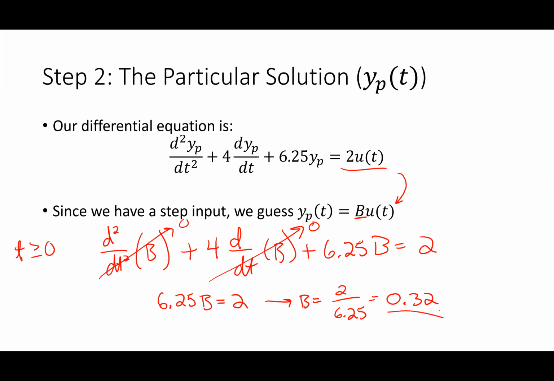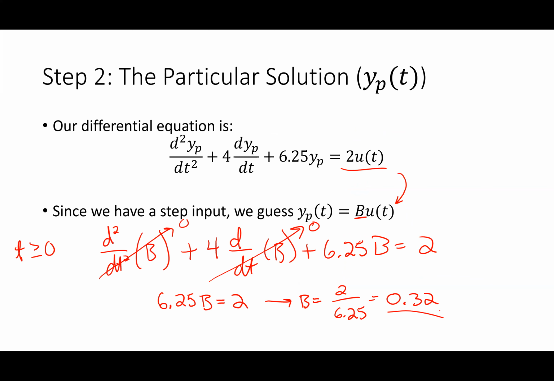What's my next step here? Put it all together. Step 3 is the total solution, right? So my total solution is at this point 0.32 plus that. Now, if I had put in the circuit formula for this, I would have gotten something I think personally is a lot uglier, right? If you actually do the math by hand, it is a lot uglier. I would have a cosine and a sine, and then I'd take the derivative of it.